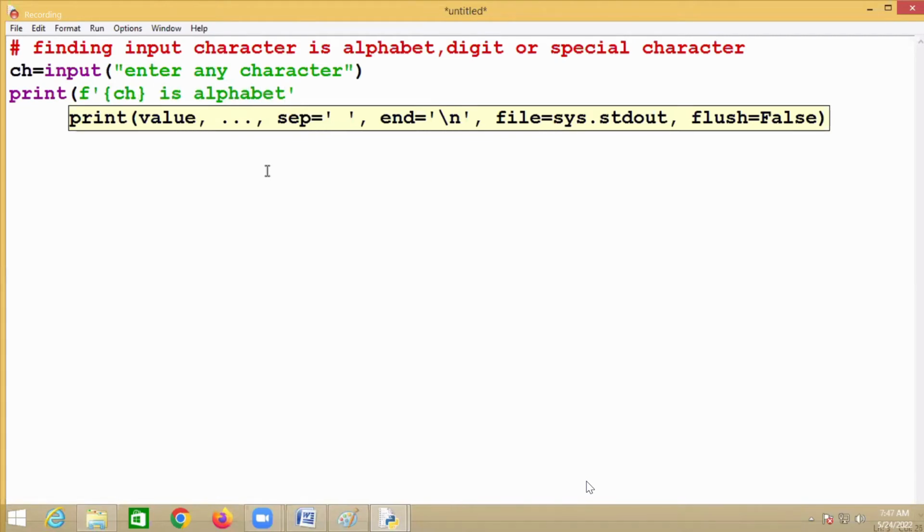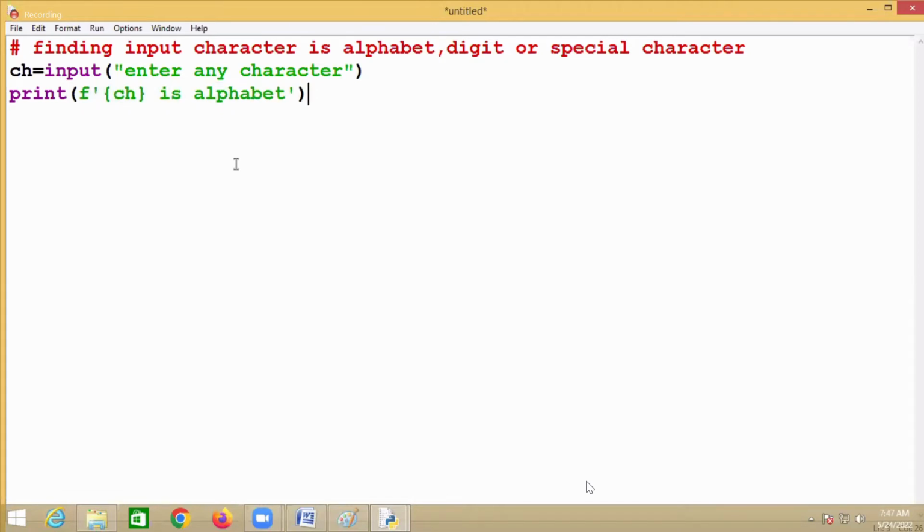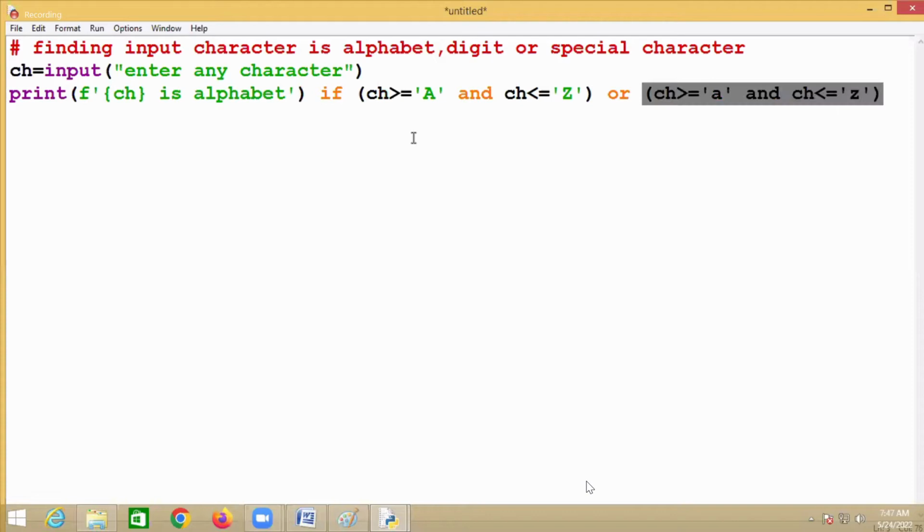When I'm printing this message, my condition is like this: if character is greater than or equal to A and character is less than or equal to Z, or character is greater than or equal to small a and character is less than or equal to small z.